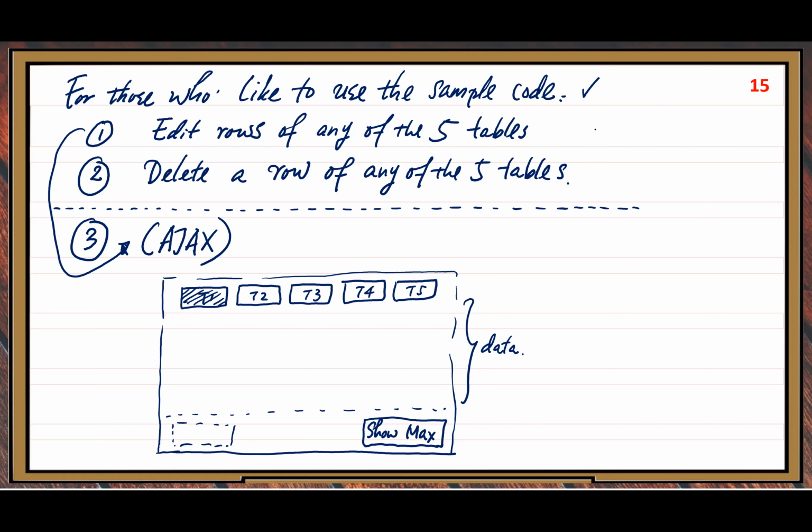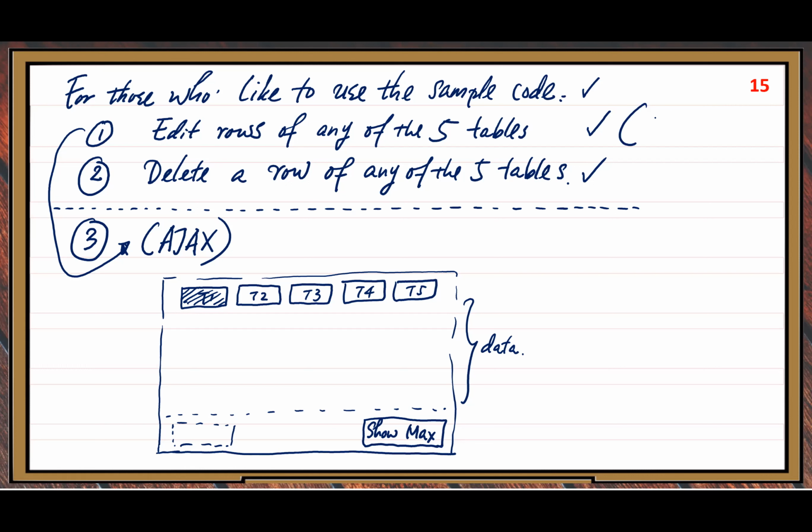After you download my code and run it, you will have feature 1 and feature 2 automatically. Feature 1: edit rows of any of the 5 tables. Feature 2: delete a row of any of the 5 tables.